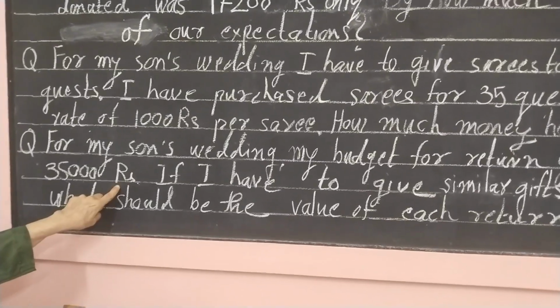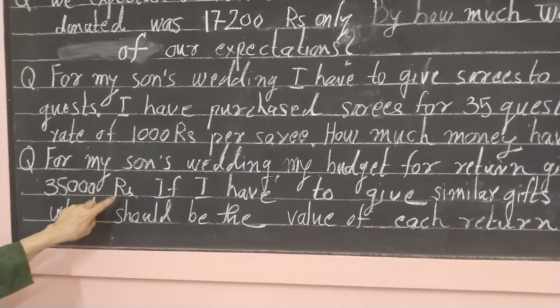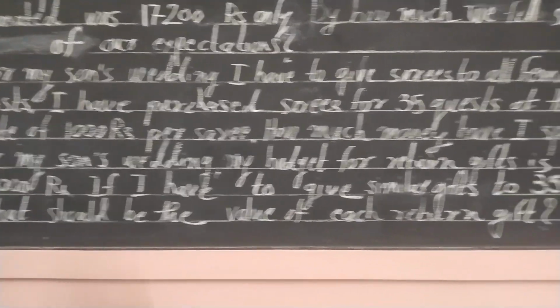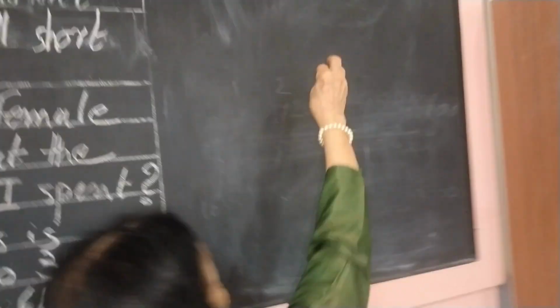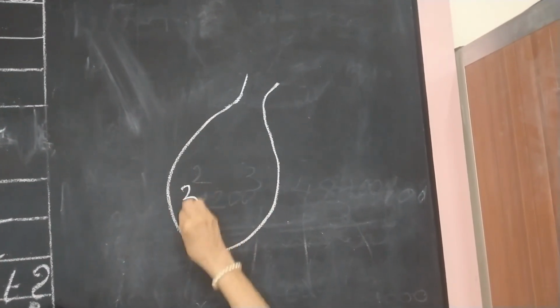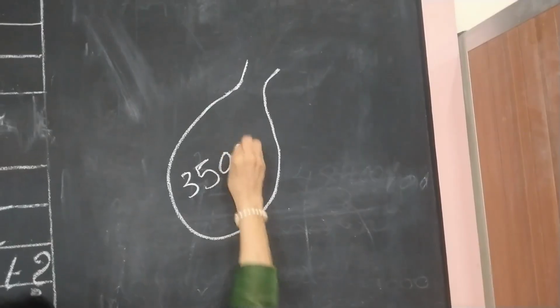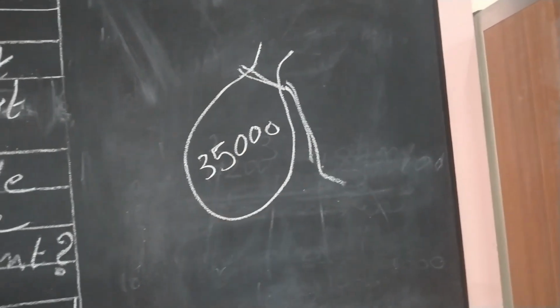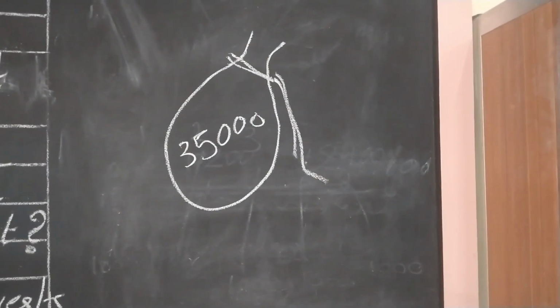rupees. That means this is the total money that can be spent. So here is my batua, and in this batua or purse, I have got 35,000 rupees. Right?